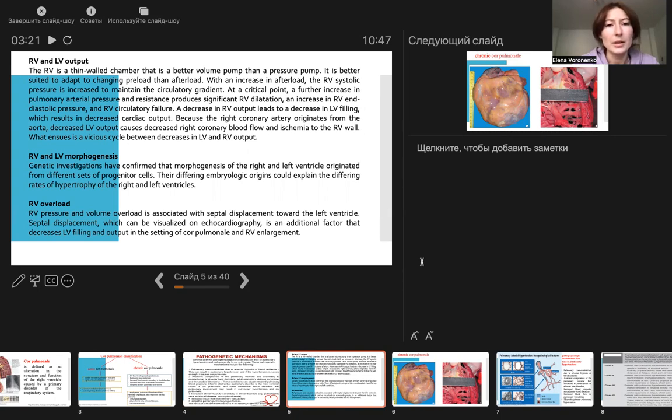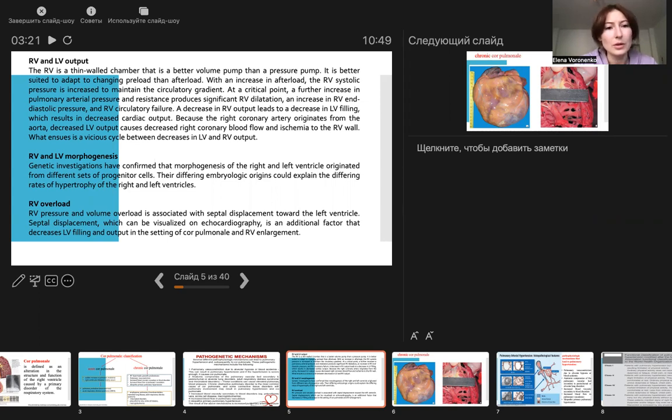A decrease in right ventricle output leads to a decrease in left ventricle filling, which results in decreased cardiac output. Because the right coronary artery originates from the aorta, decreased left ventricle output causes decreased right coronary blood flow and ischemia to the right ventricle wall.